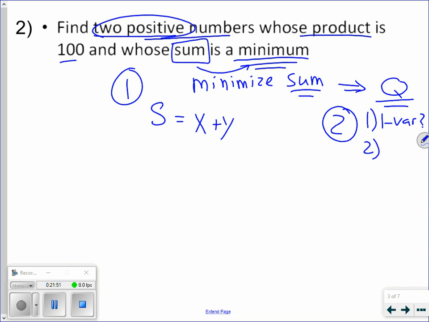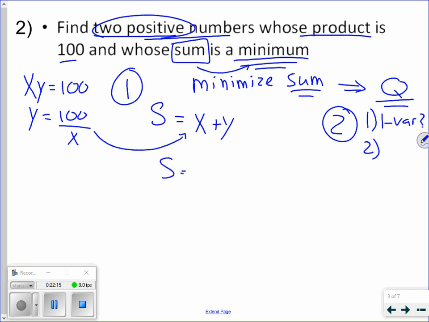So how do we figure that out? Well, the conditions are always what allows us to do that. In this case, the conditions are that the product has to be 100. And can I not use that condition to isolate one variable and substitute in? Sure, why not? Say that y equals 100 divided by x, and we can plug it in. So my sum equals x plus 100 over x.